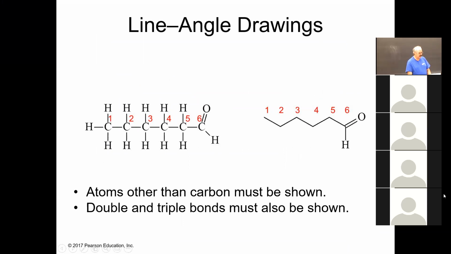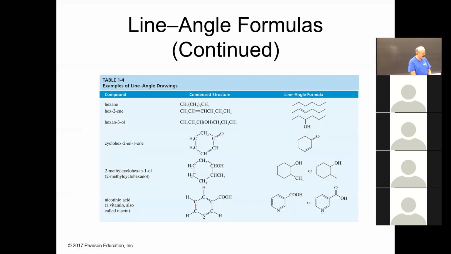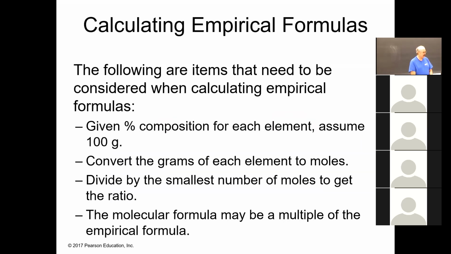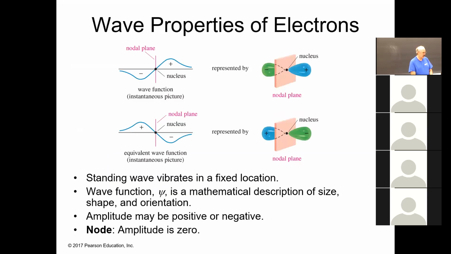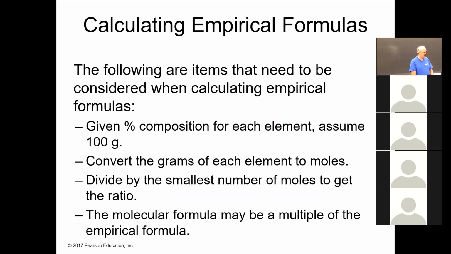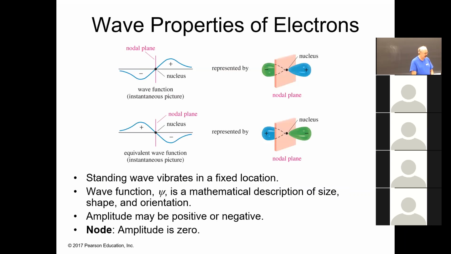You do need to show the aldehyde hydrogen here. Otherwise the appropriate number of hydrogens are implied. Just a few more examples of line angle formulas. I'm skipping over calculating empirical formulas.